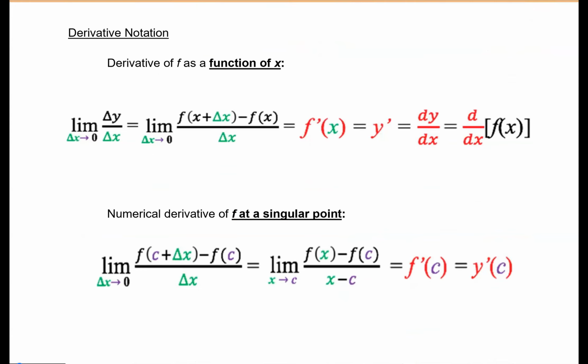Now for some very important notation. When we say derivative of f as a function of x, we could use any one of these notations at any time, and they all mean the same thing. So the derivative of f, remember, is the slope of the tangent line.